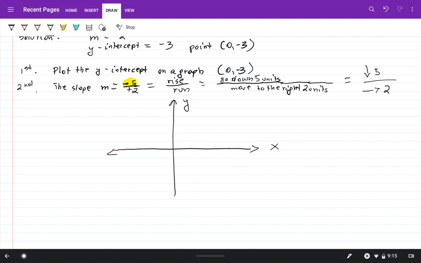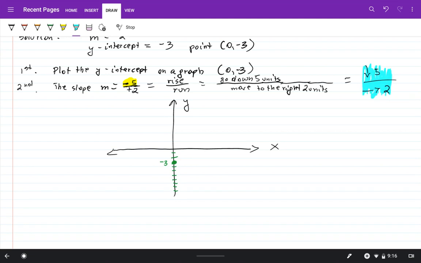So I'm going to start with the y-intercept 0, comma negative 3. So this is negative 3. 0, comma negative 3. That's my y-intercept. And don't forget that slope is negative 5 over 2.